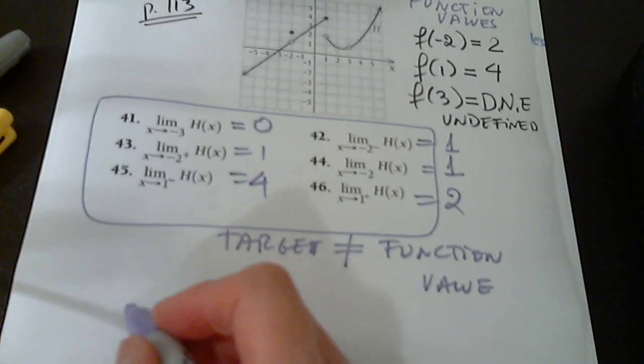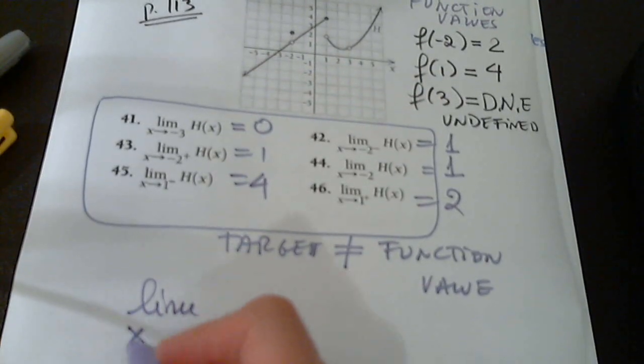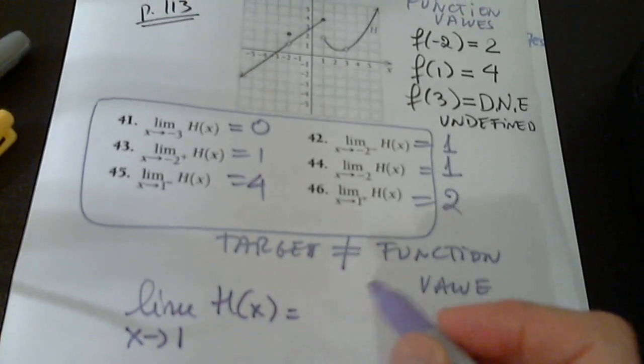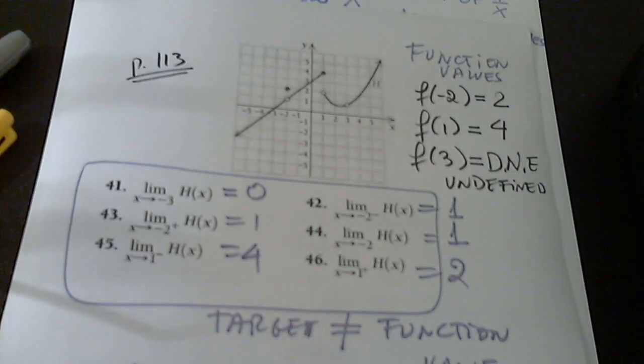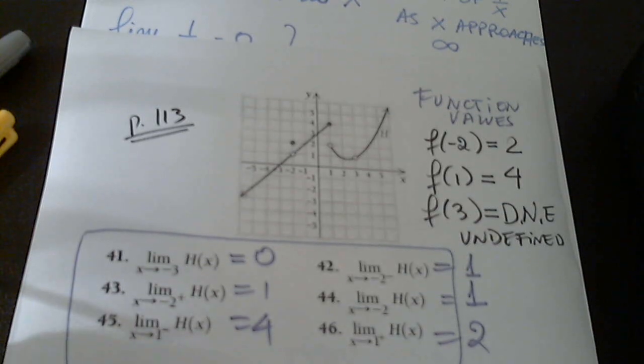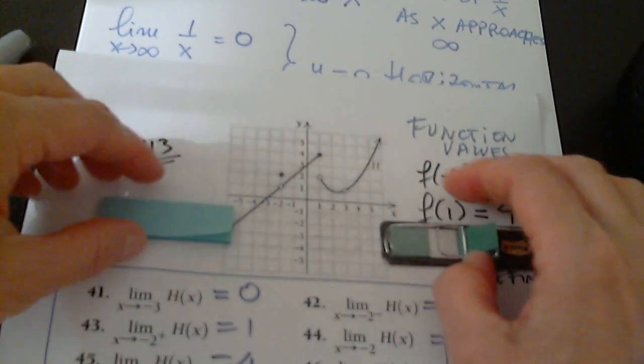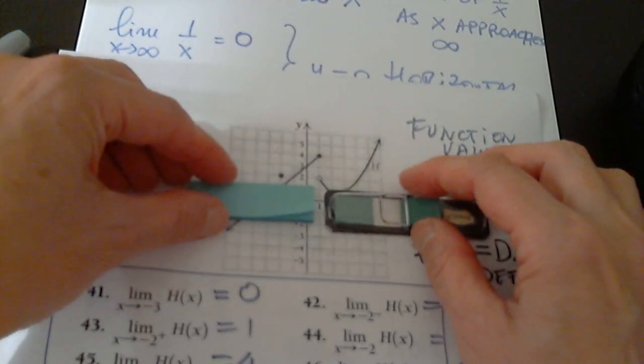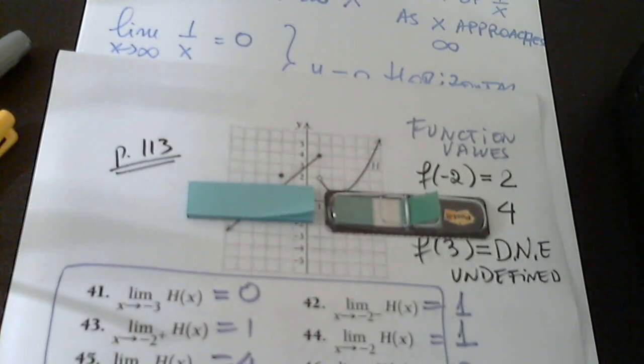And now I'm going to ask you, I'm going to add here, what is the limit as x approaches 1 from either side of h of x? As x approaches 1 from either side, does not exist. Thank you very much.